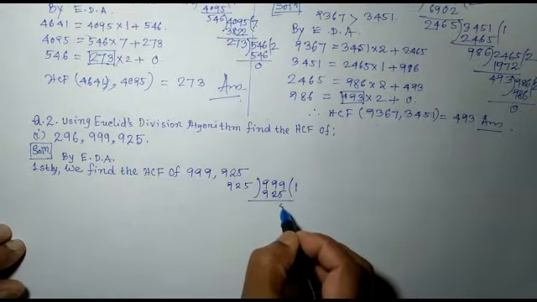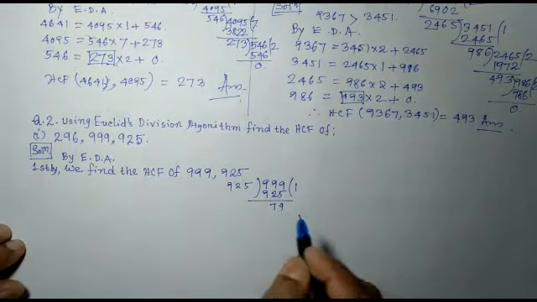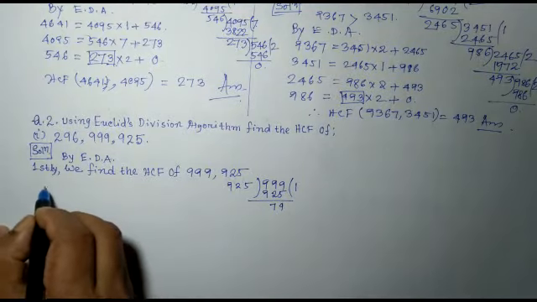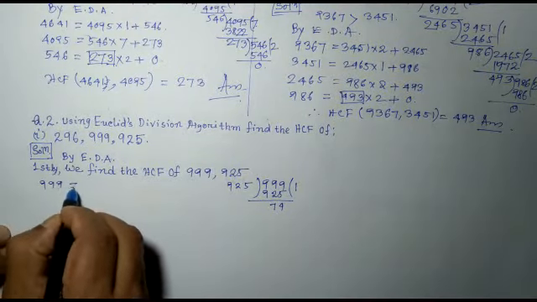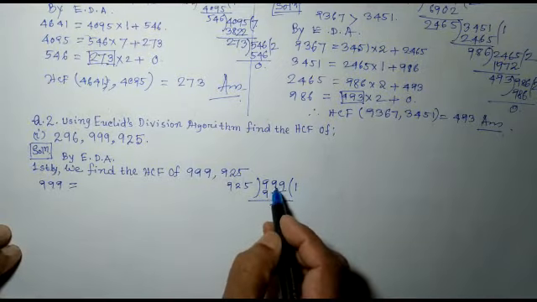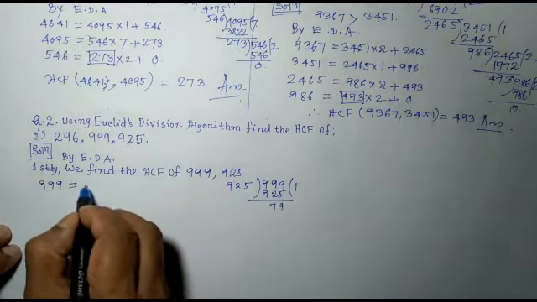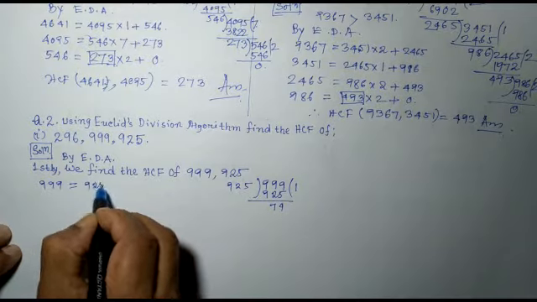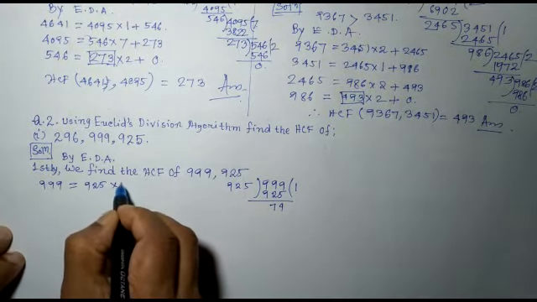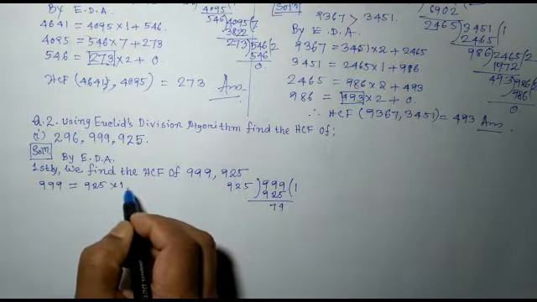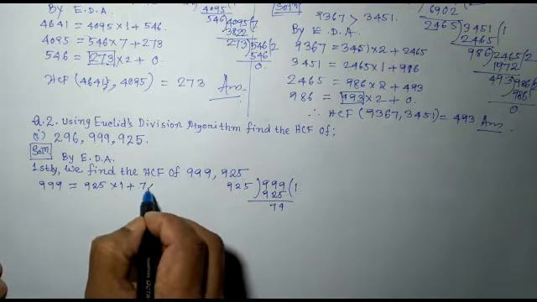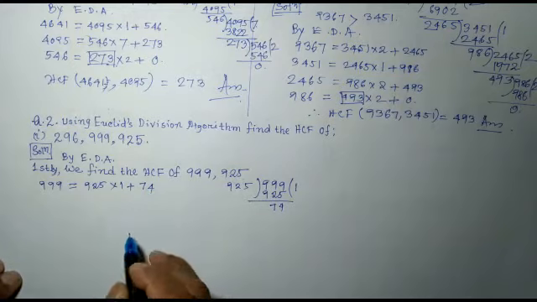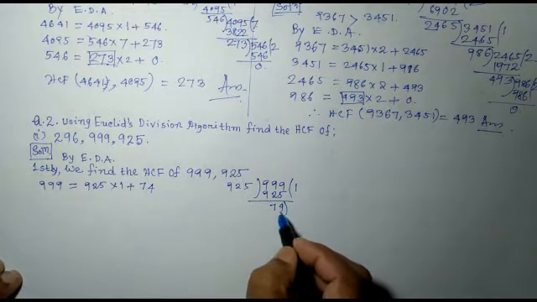We subtract here, it is 74, and we write for this 999, the dividend, is equal to the divisor 925 into 1, plus the remainder 74.